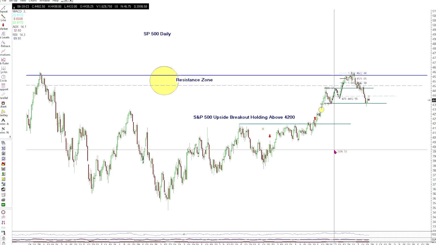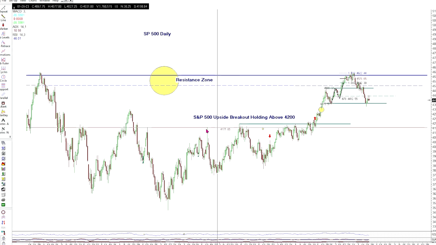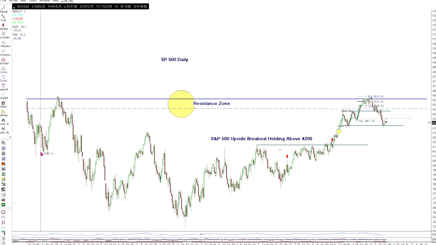Before we get to a smaller time frame, I want to point out this breakout area of the 4,200 level. The market had spent a lot of time all the way back to September a year ago. Even before that, we can see that 4,200 level in a lot of congestion areas on the chart.